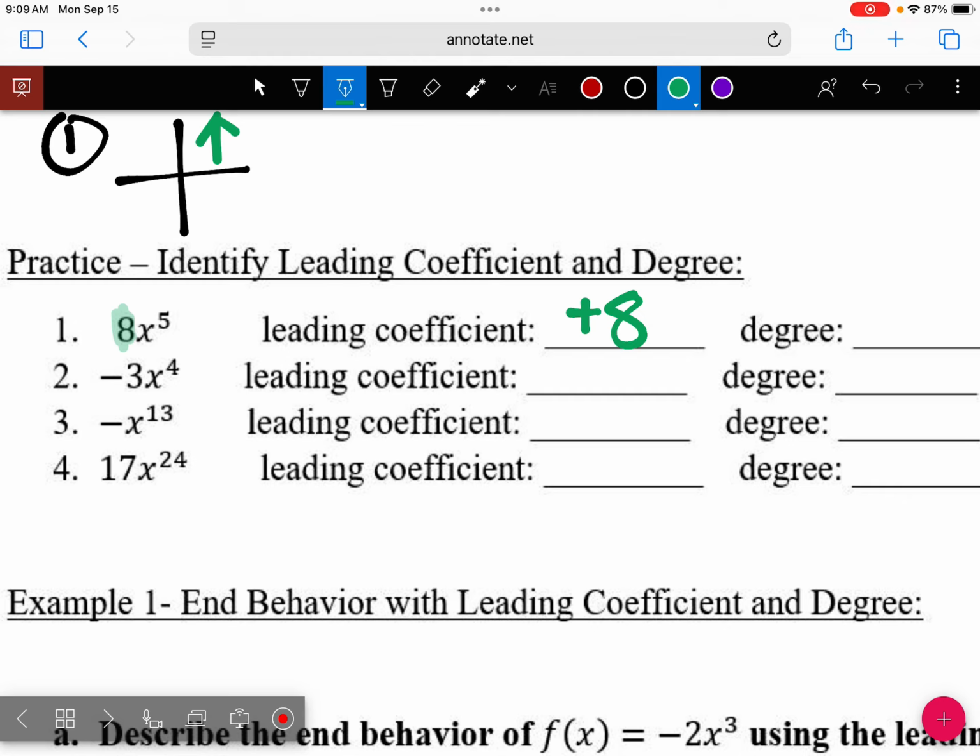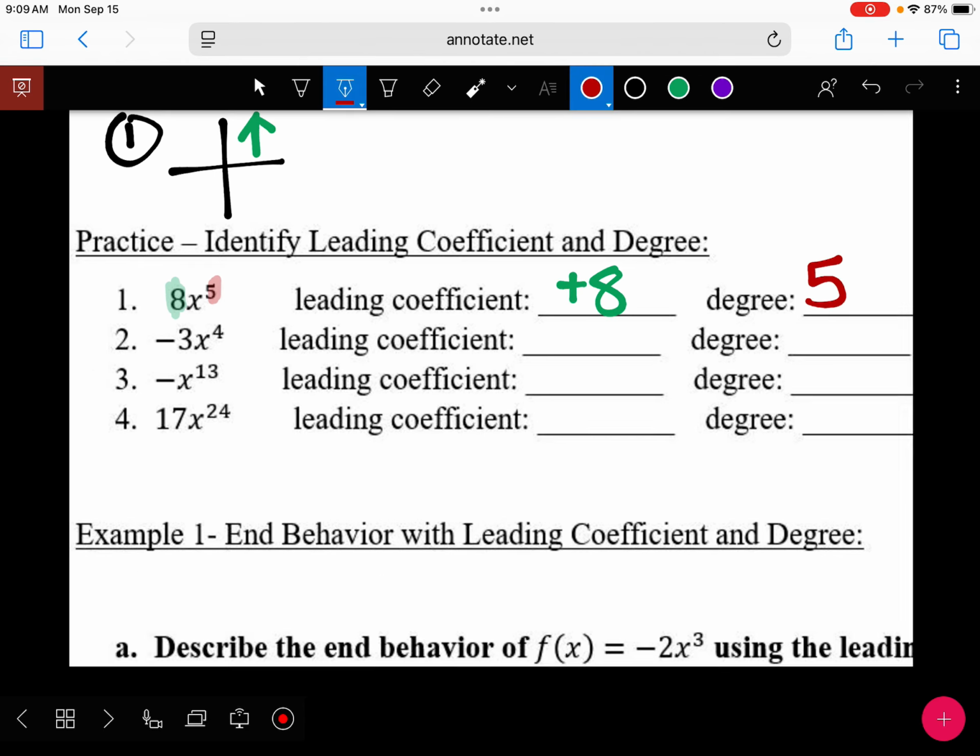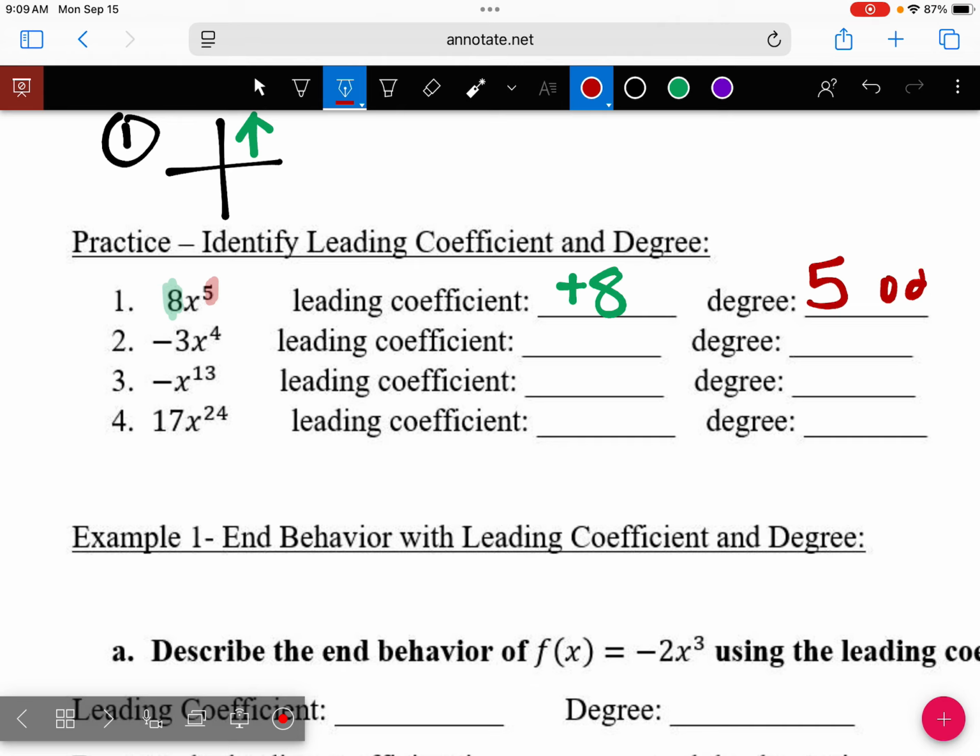The degree is your exponent. Your exponent here is 5. 5 is an odd number, which tells me, what do you think it's going to do on the other side? It's going to do the opposite. So instead of going up, it's going to go down. That's your end behavior. So your end behavior will be down, up.